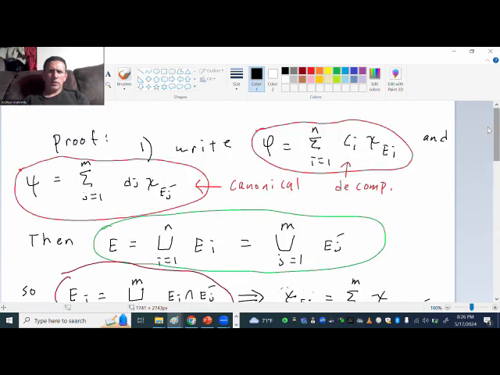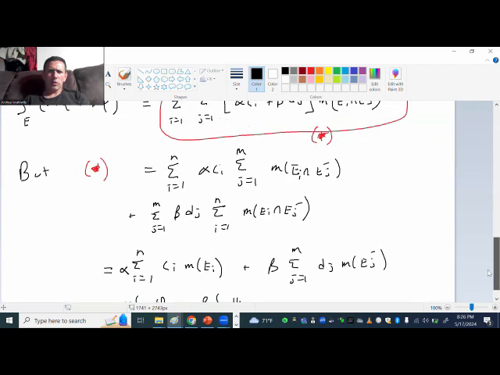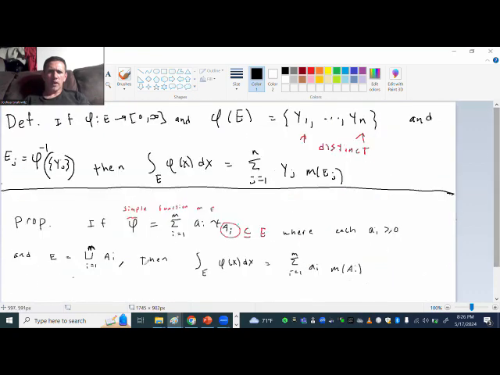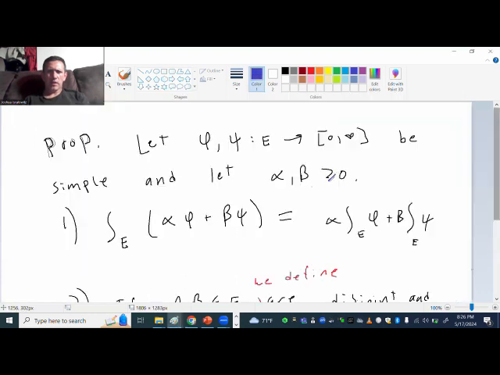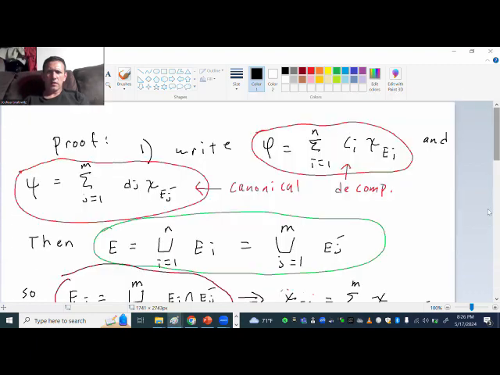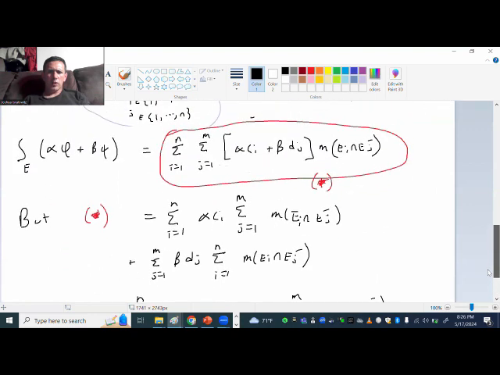If you think about it, there's really no need to assume alpha and beta are positive. You can assume they're equal to 0, and this would also work. You can assume these are non-negative and that would work too. Easy proof.